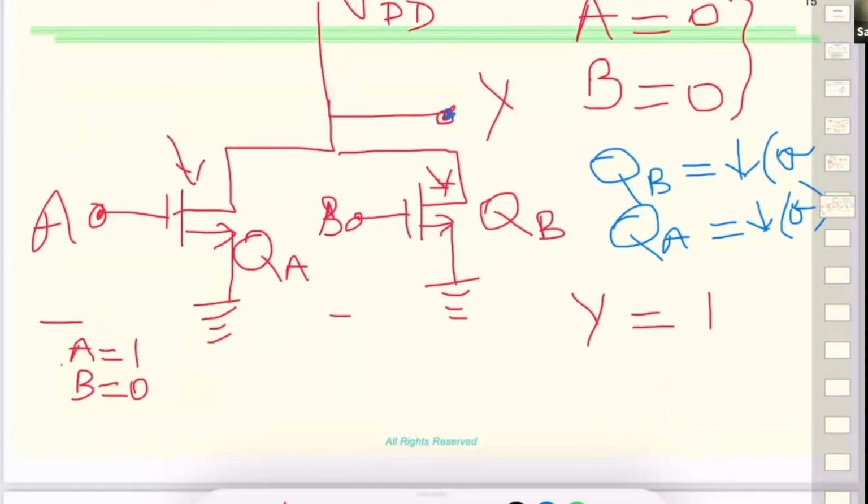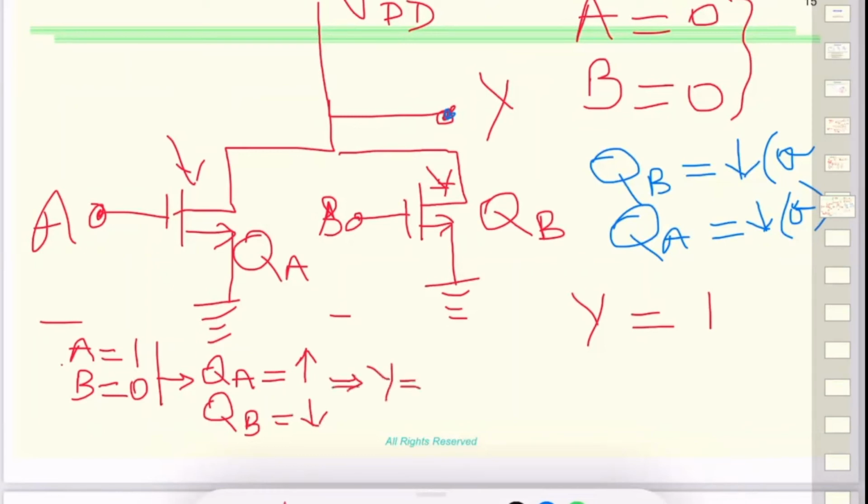When that happens, one of them is conducting and one of them is not conducting. What happens to the signal? It goes to ground. So the output is 0.